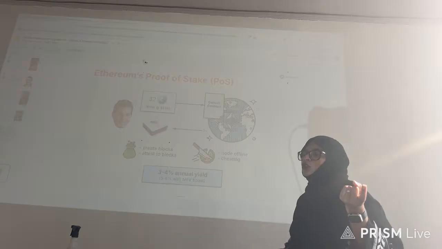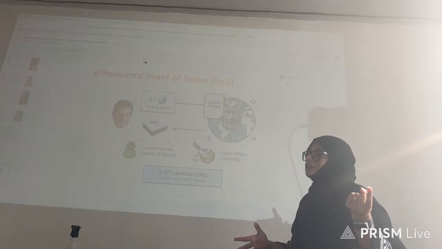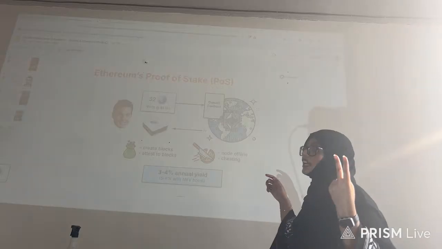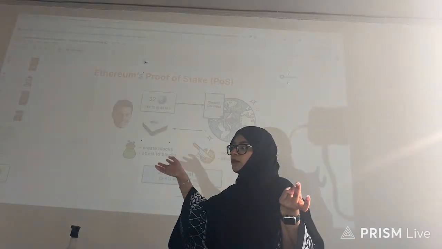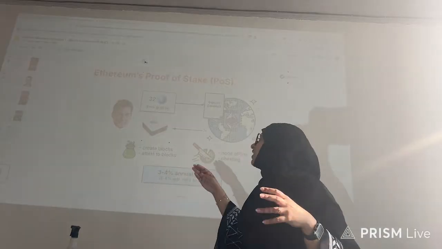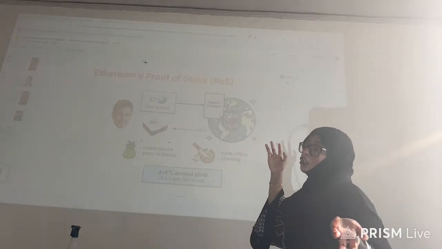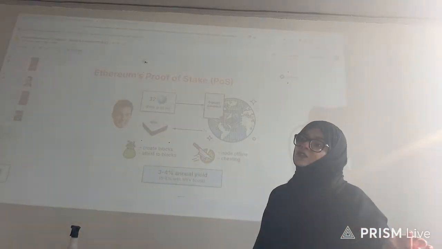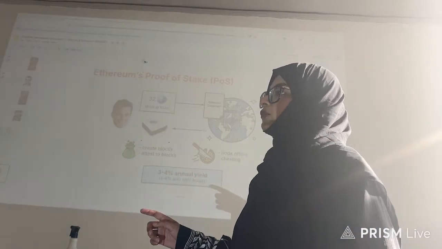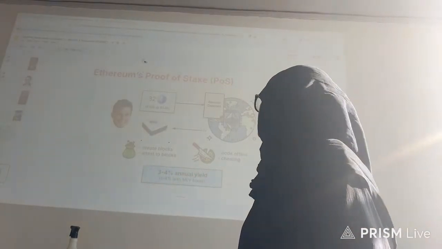One is if your node goes offline, where the slashing amount is pretty small. The other is if you cheat, like if you attest to fake blocks or try to create illicit blocks, then a huge chunk of what you have staked goes away. Validators are humans and machines together. It's not just a machine.